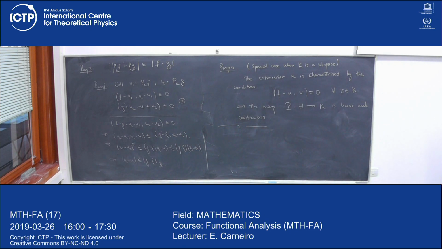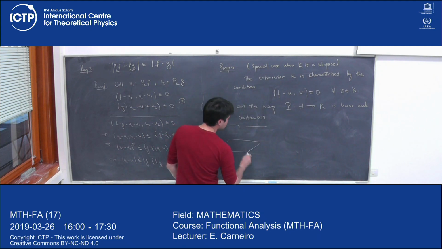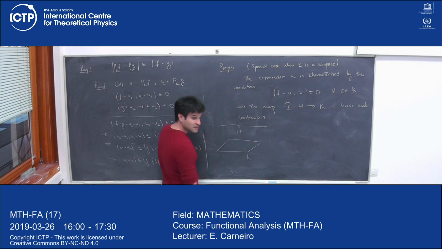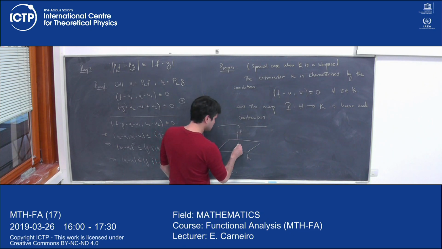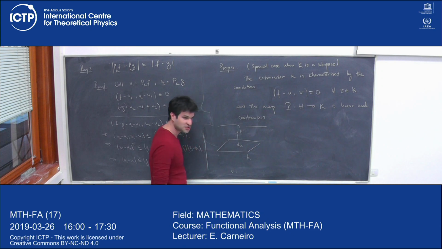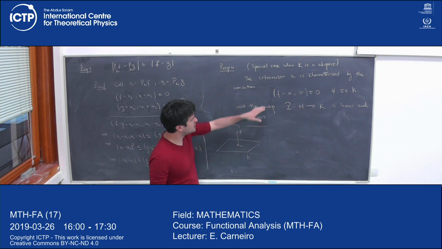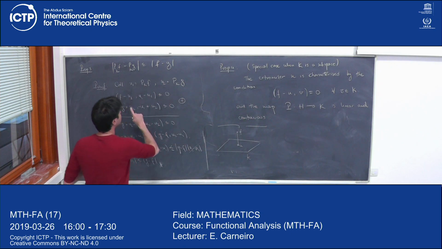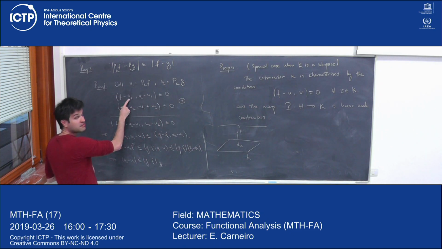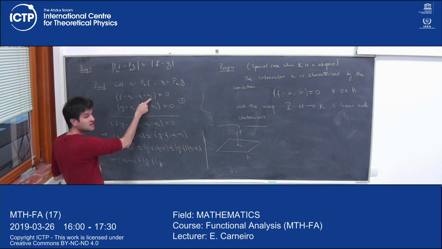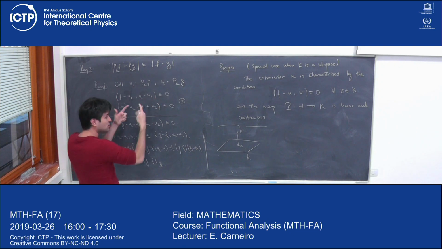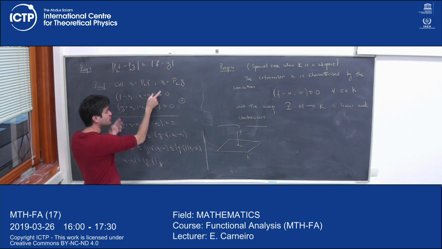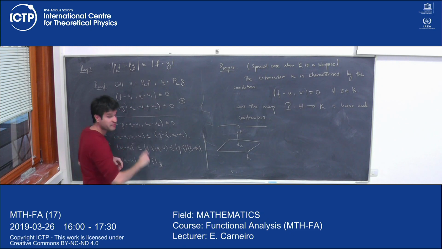So if you are now in a subspace, that's your K, have a point F outside, the picture looks nice. So this is your U, the projection. First I want to prove that it's characterized by this condition, which is slightly different than before. Before I had F minus the minimizer, scalar V minus the minimizer, the angle was more than 90, the scalar product was less than 0 for every V.